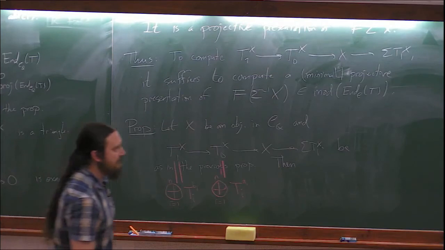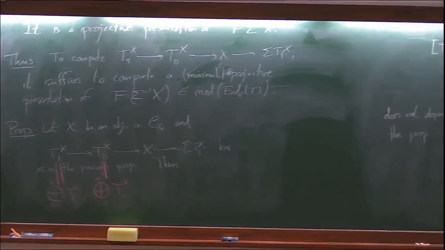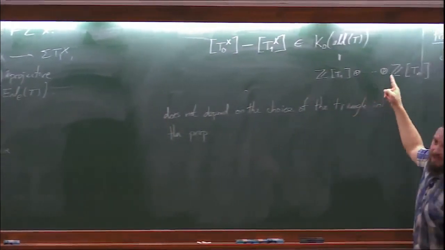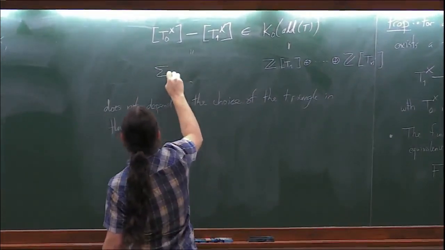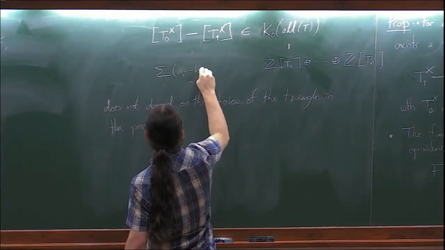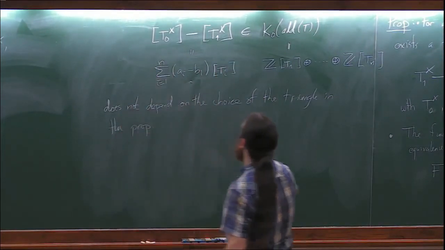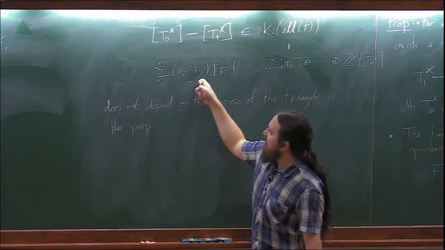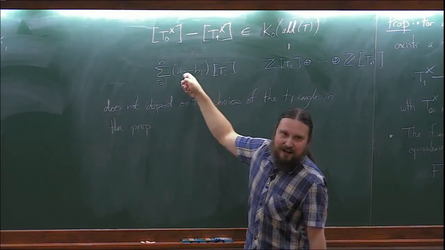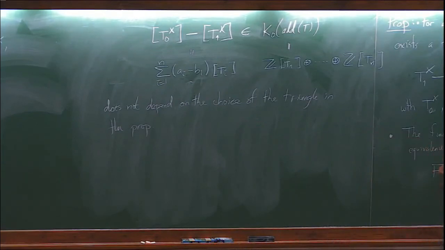In this case, this element, if I want to view it as an element in here, is going to be the sum of Ai minus Bi times the representative of Ti. So if you want to view this as a vector of n integers, the ith coordinate is Ai minus Bi. And this does not depend on the choice of triangle.